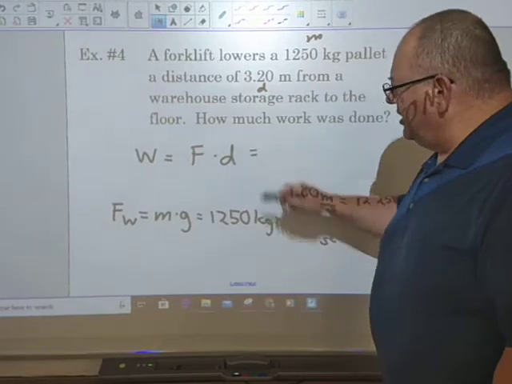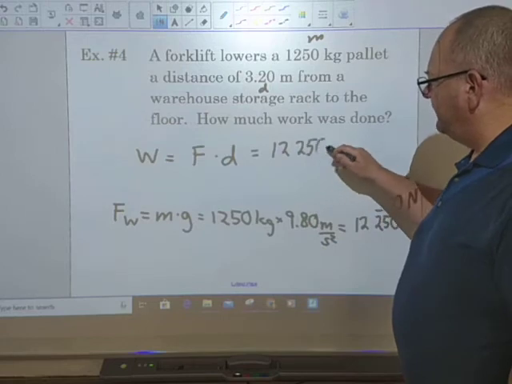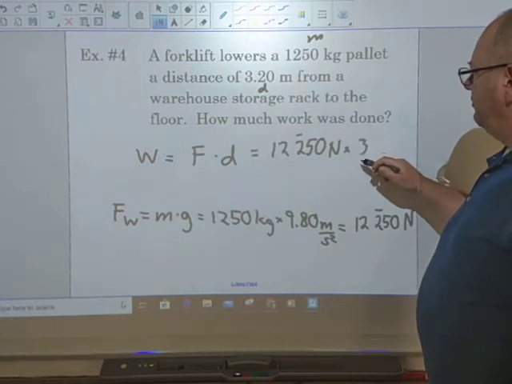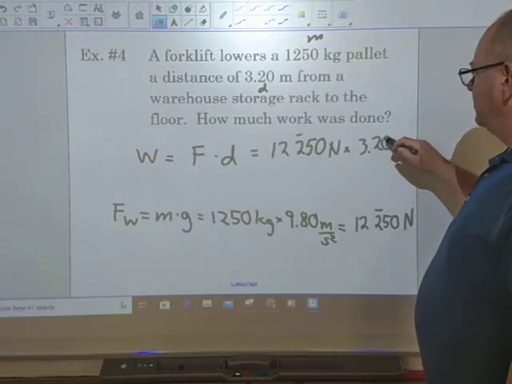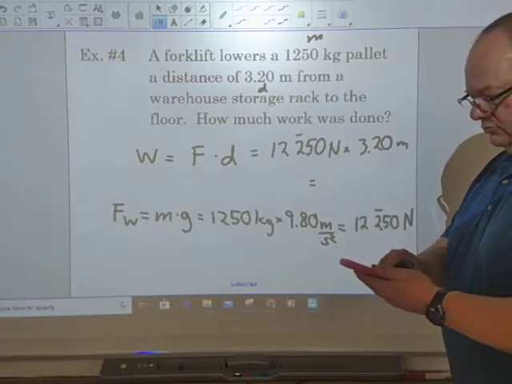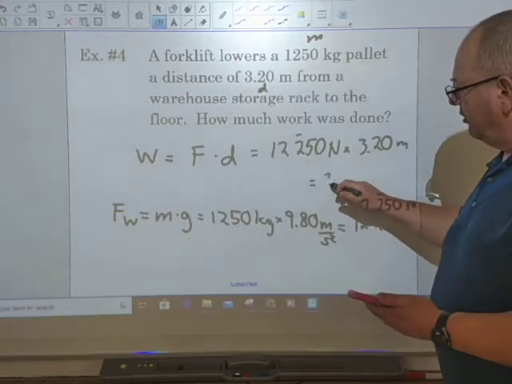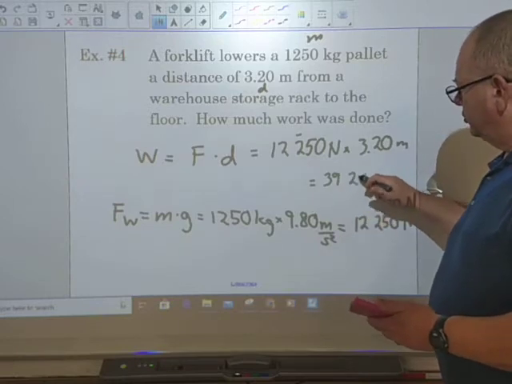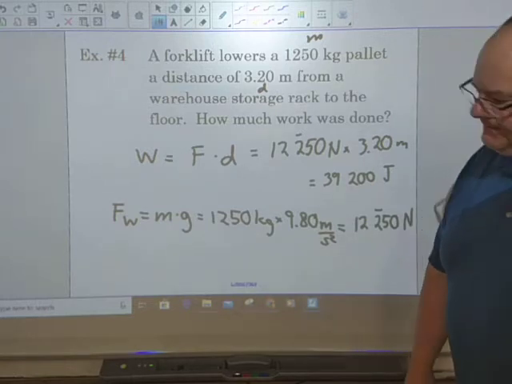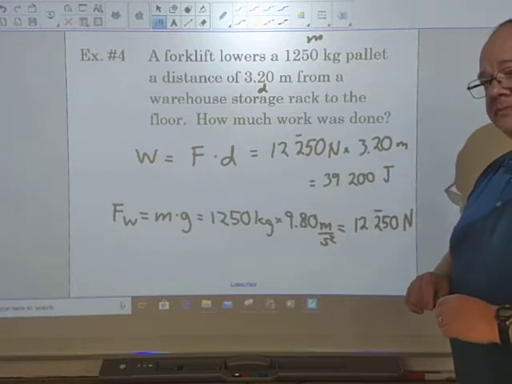So if I come up here and use that as my force, 12,250 newtons times 3.20 meters, 39,200 joules. Anybody see a problem?